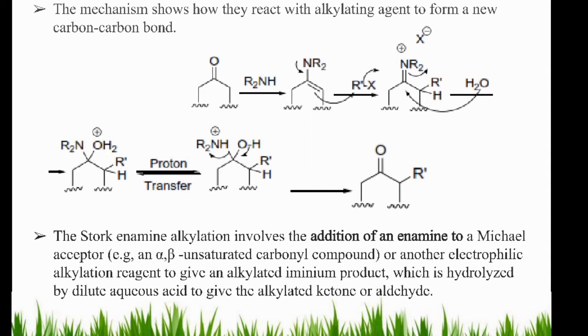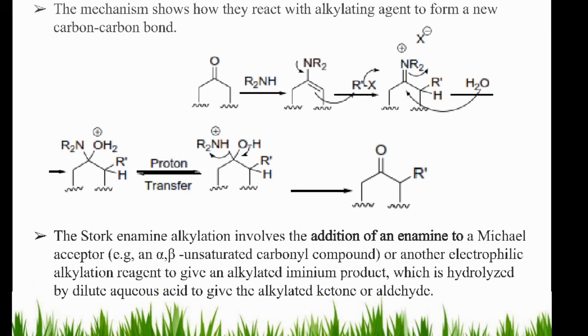So the Stork enamine alkylation involves the addition of an enamine to a Michael acceptor. So recall that there is acceptor and donor. An acceptor is a double bonded compound which is attached with an electron withdrawing group.